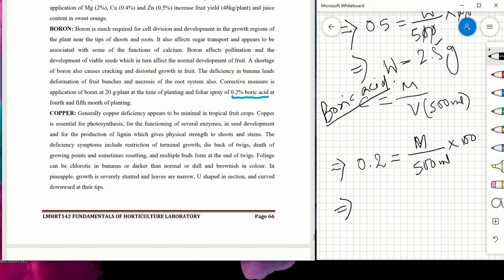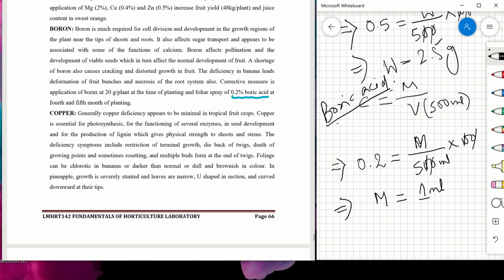So what will be the answer here? M will be 1. Since this is in liquid form, we have to take 1 ml.